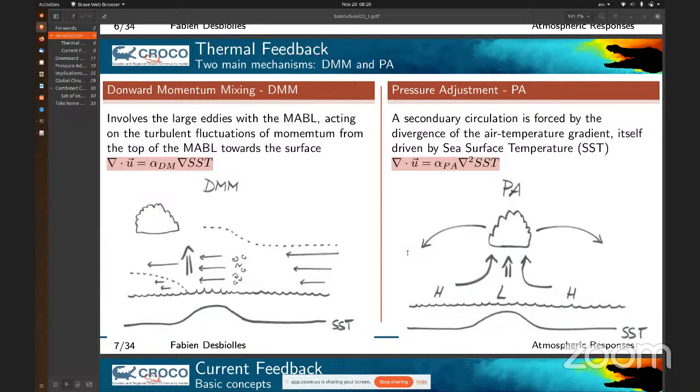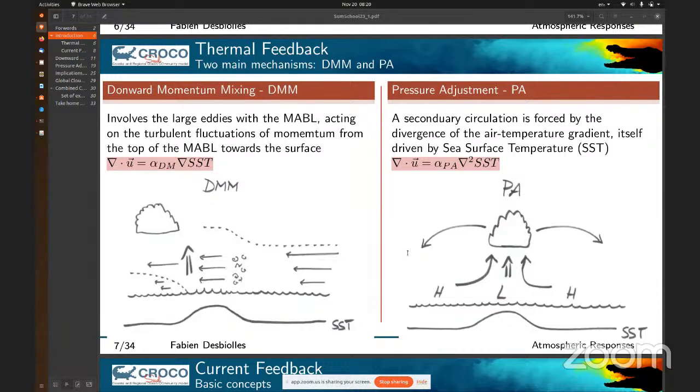And here, as it's sketched, we see a variation of SST with a warm eddy, right? And the atmosphere is going to react to the gradient of SST. So here, for example, if we pass from warm to cold, so from the center of the eddy to the left side, the wind tends to reduce at the surface.